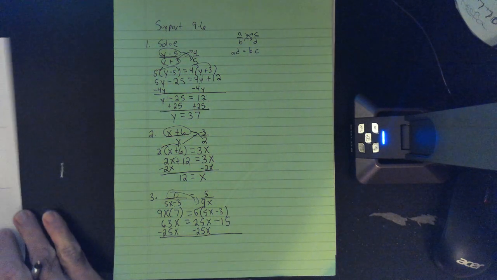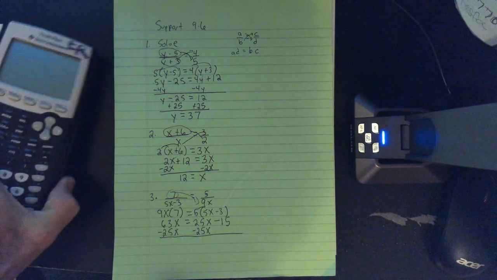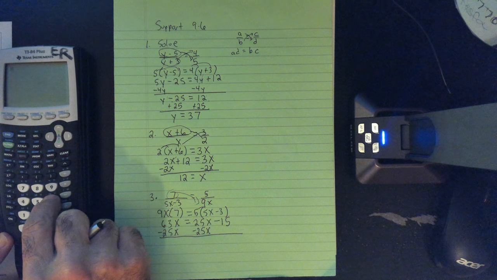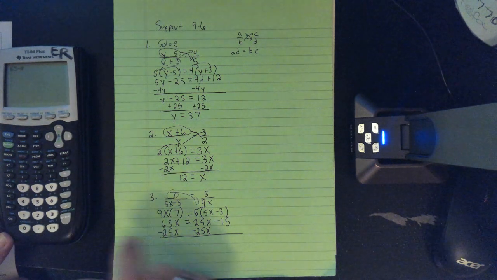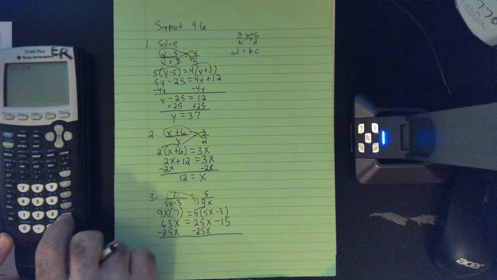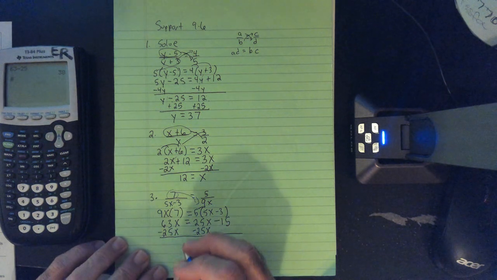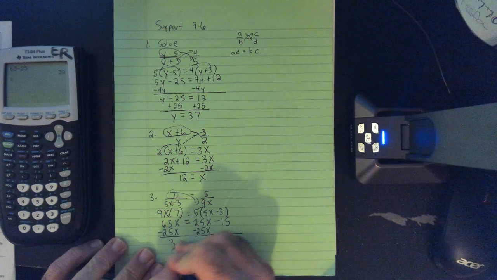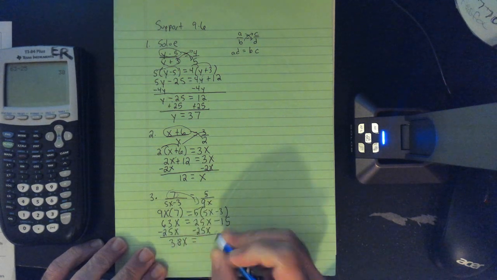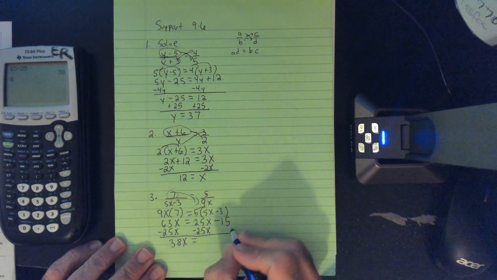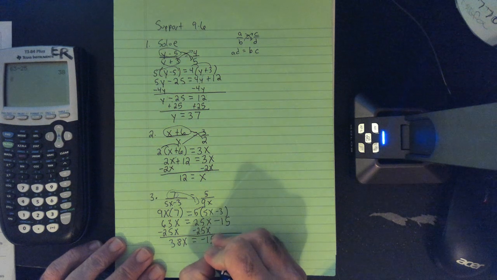Alright, so let's see, we've got a calculator here to knock this out. What is 63 minus 25 going to equal? And what's that, 38? So I've got 38x, and then the 25x canceled on that side, so I bring down the negative 15.